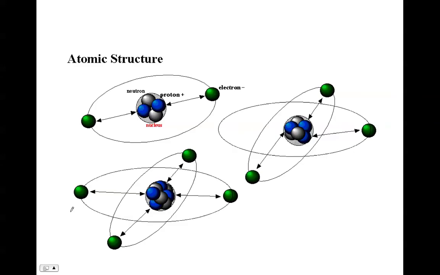So let me go back one. If we went back to this page, the atomic mass of the helium atom here is 1, 2 protons plus 1, 2 neutrons.